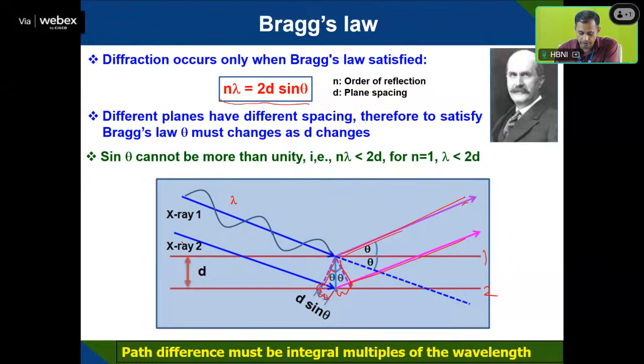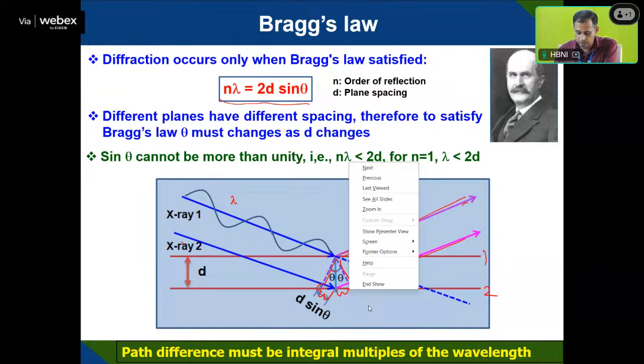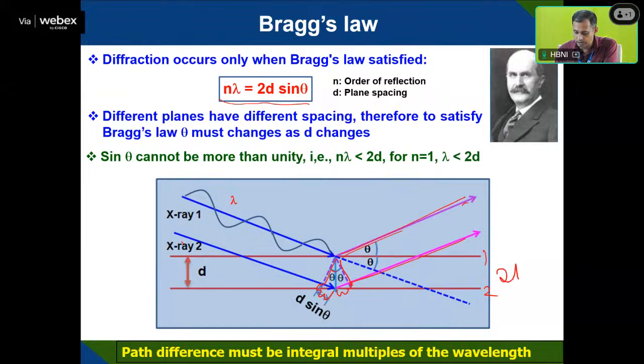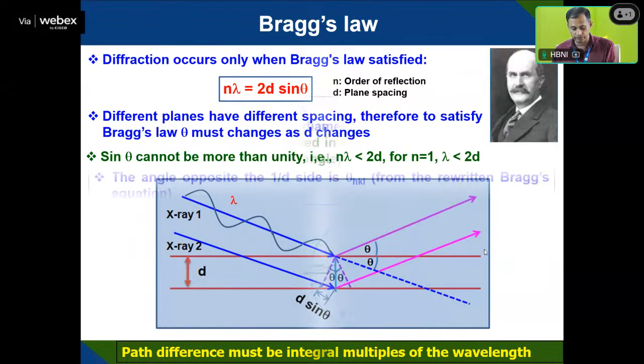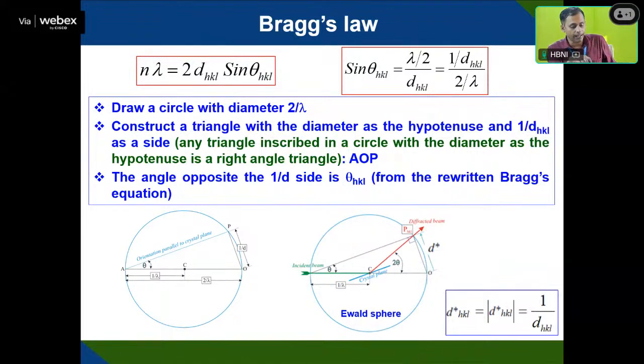So this is nothing but d sine theta. d sine theta plus d sine theta is 2d sine theta, and that should be equivalent to an integral multiple of the wavelength lambda. Only when 2d sine theta equals n lambda is Bragg's law satisfied and you get a proper diffraction pattern.